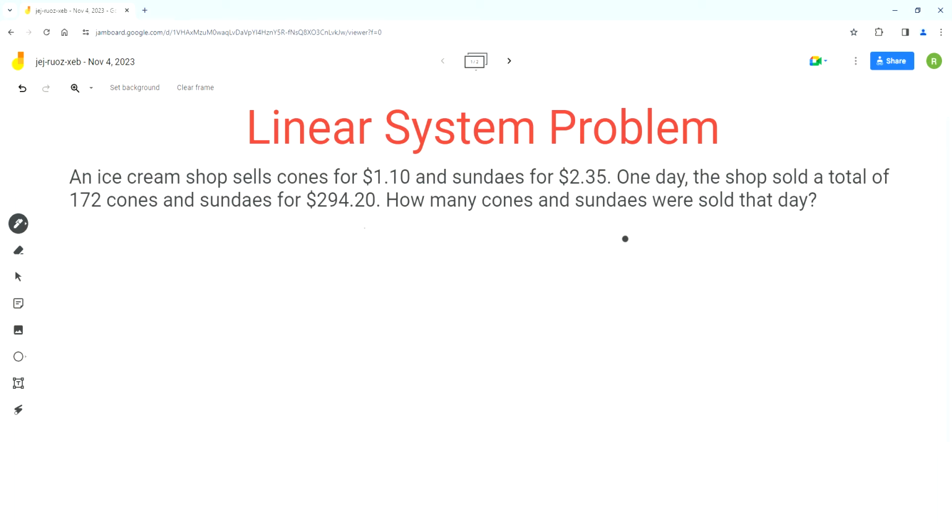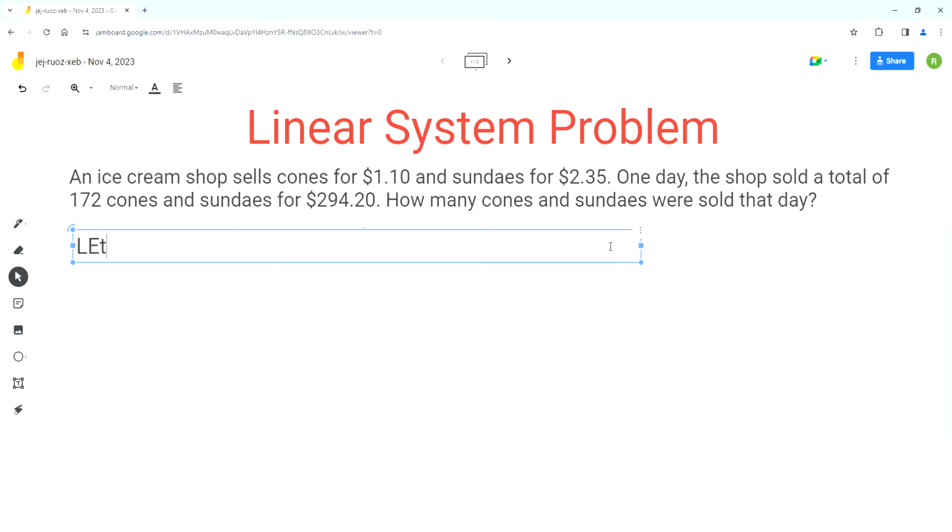We have to use two variables to solve this problem. So we'll start by writing the let statements for those variables to describe the variables. Our let statement will be let x represent the number of cones sold that day.